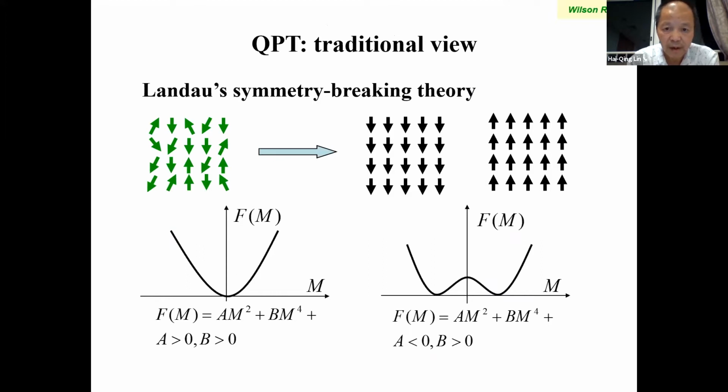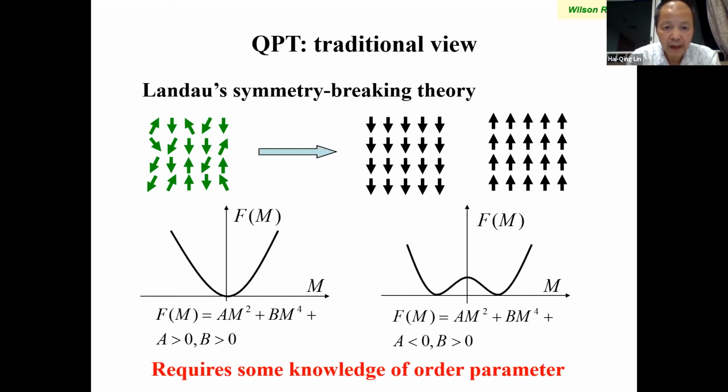Now, on the right, when m, the magnetic moment, is either m0 or minus m0, you reach the minimum in the free energy, and we have a finite value of the order parameter, and this is symmetry breaking.